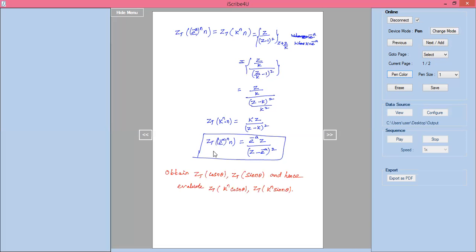Okay, so this is the required solution we have to obtain: Z transform of cos n theta, sin n theta, and hence evaluate Z transform of k power n into cos n theta, Z transform of k power n into sin n theta. How do you simplify this? We have to see.